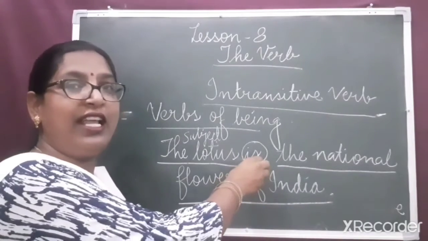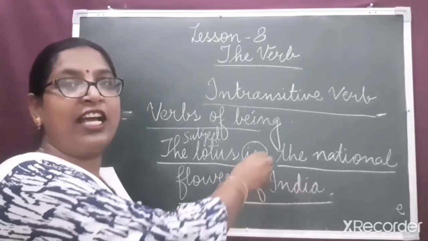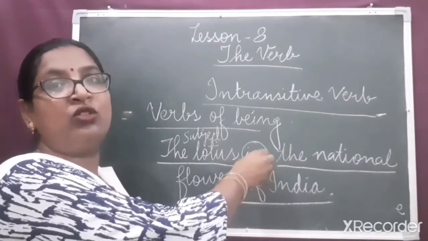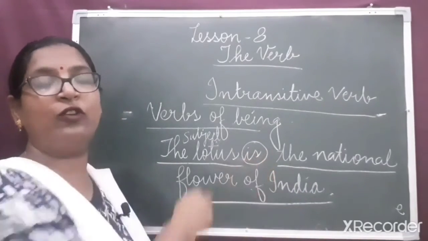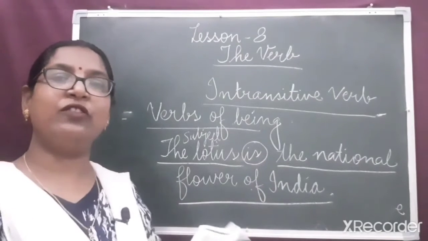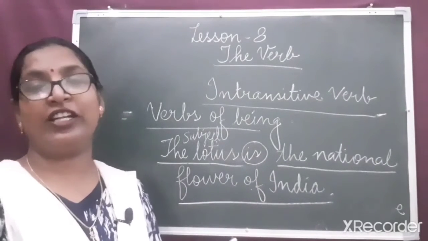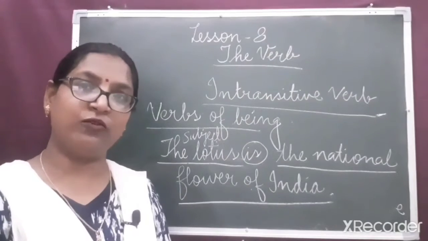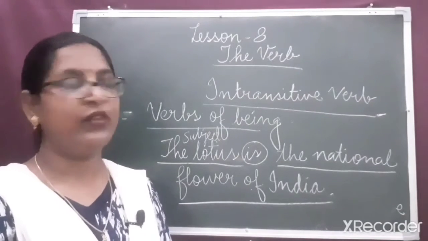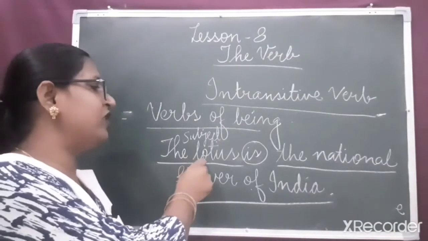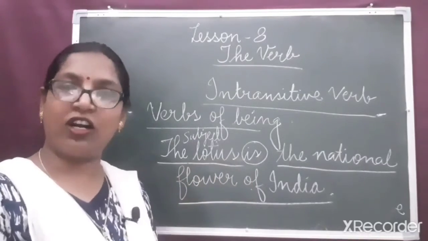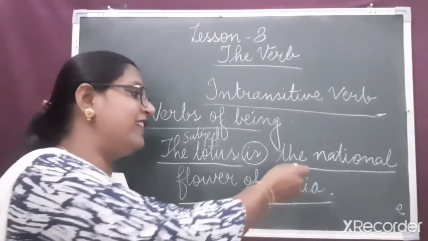So dear children, as this verb is not having an object, it is also intransitive verb. But dear children, in the previous class, I told you that we ask a question soon after the verb to find out an object. Here, if we ask the question, the lotus is what? Surely we'll get the answer.